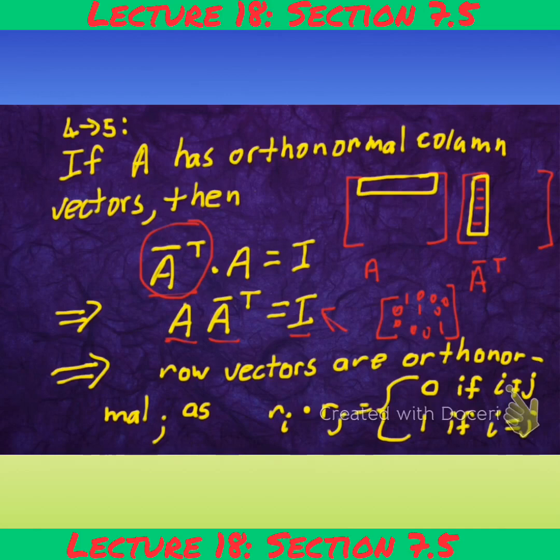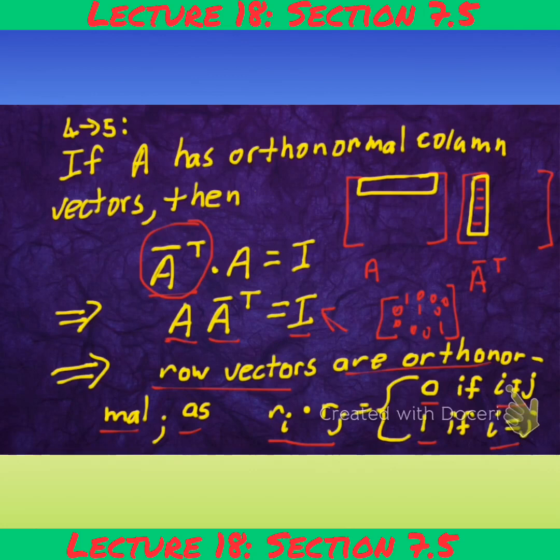So the row vectors are orthonormal, and Ri dot Rj is going to be 0 if i is not equal to j, and 1 when i is equal to j. Okay, so therefore 4 implies 5: the row vectors are pairwise orthogonal, and they are normal vectors.